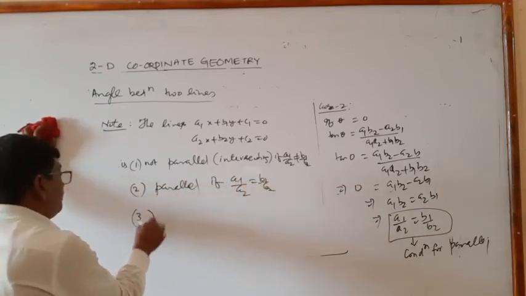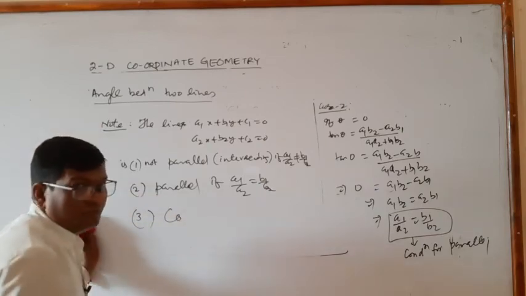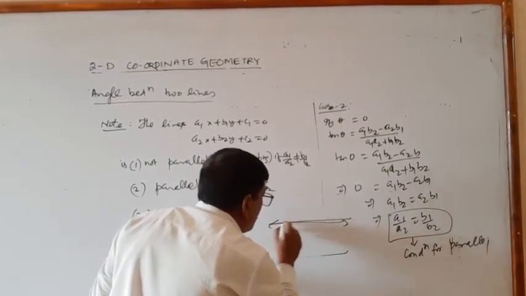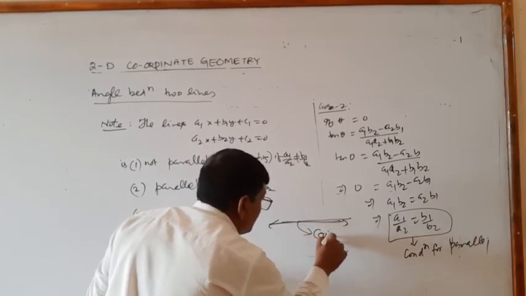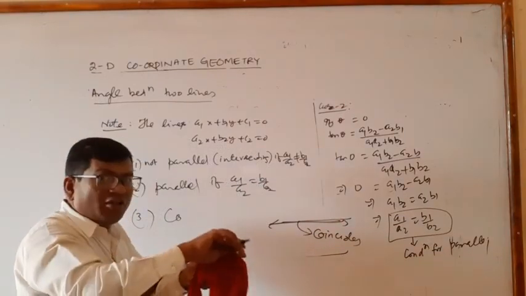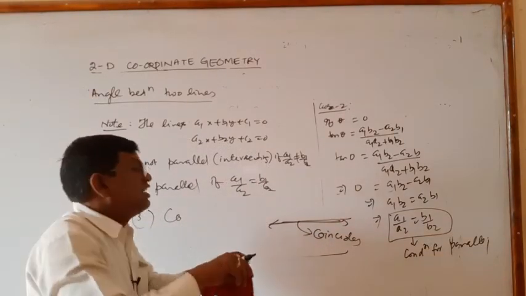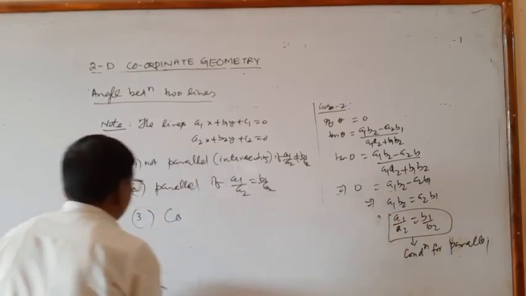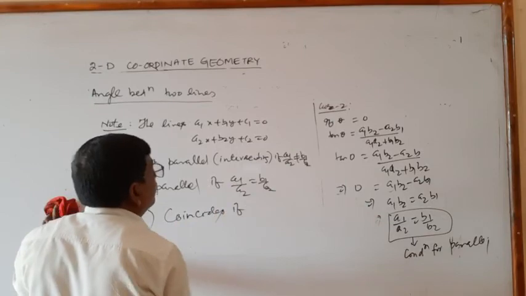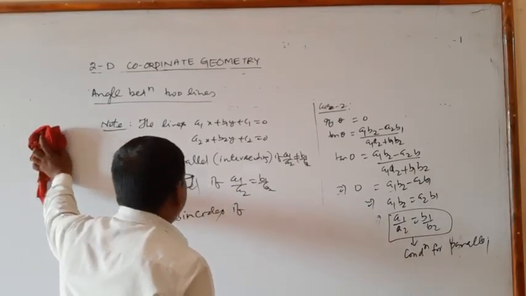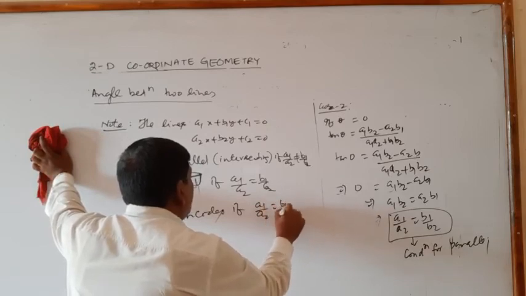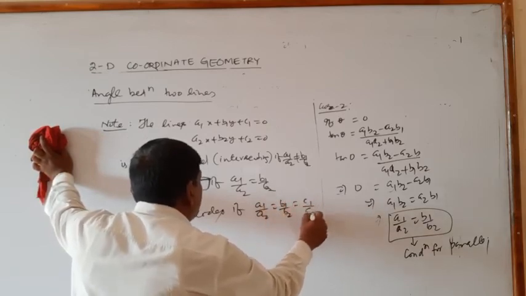Number 3, coincides. Coincides means one line lies on top of the other line. The lines coincide if a1 by a2 is equal to b1 by b2 is equal to c1 by c2.